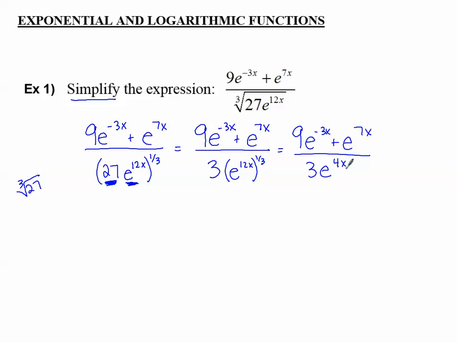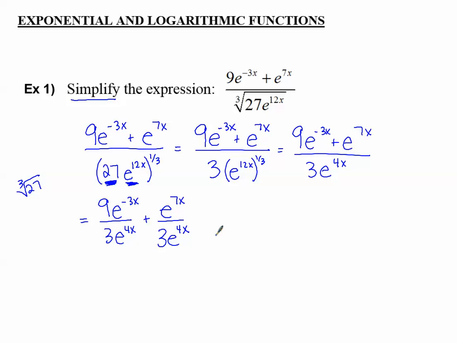Let's continue. We can break up this numerator by dividing both parts, both terms, by the common denominator. So this becomes 9e to the negative 3x divided by 3e to the 4x plus e to the 7x divided by 3e to the 4x.